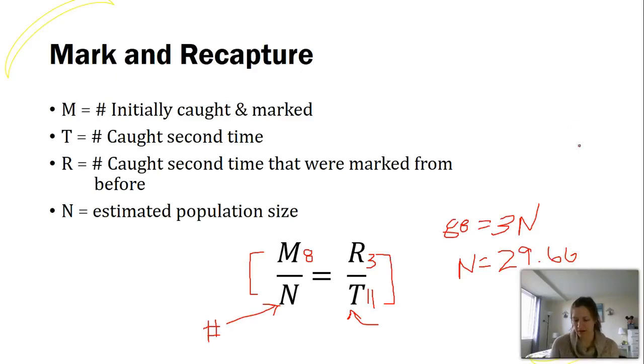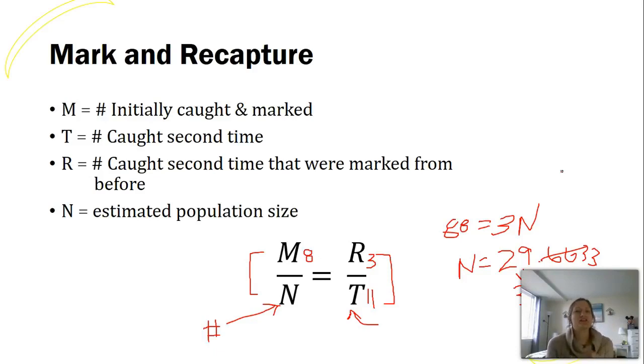So let's see, 88 divided by 3. Yep, I was close: 29.33. Well, we don't have 29.33 whales, so in actuality, this is 30, right? I'm not estimating I have 29 and a third whale. I'm estimating I have 30 whales. That's really important when we're talking about these population calculations, because there is not a partial whale out there.